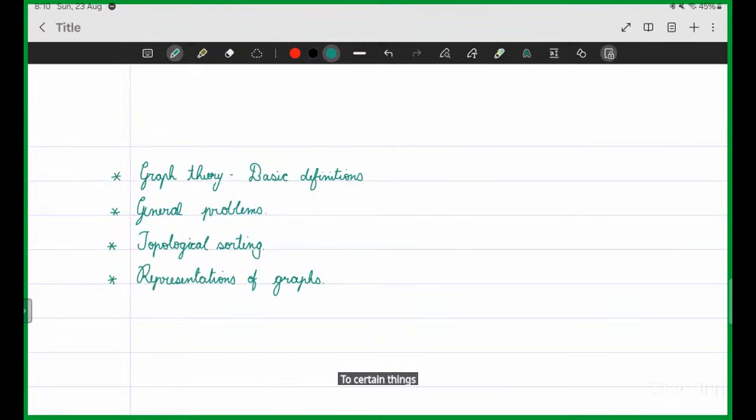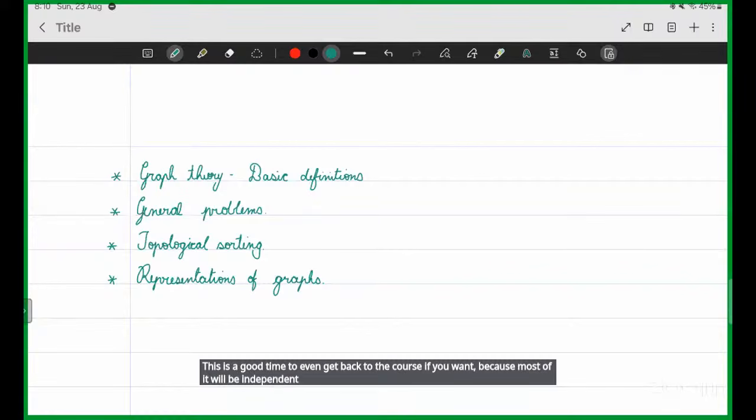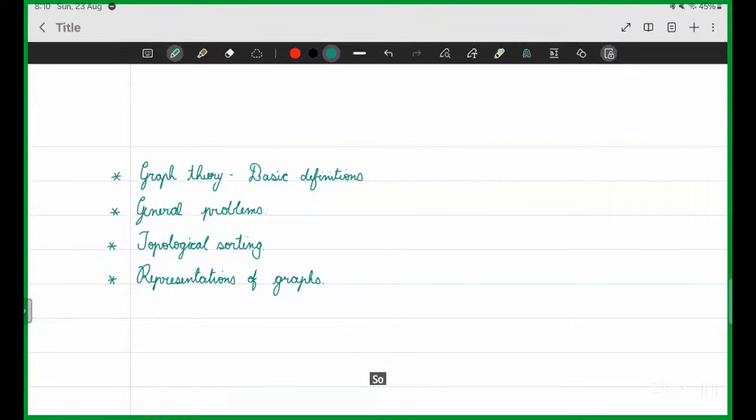This is what we will be looking at. And this is a good time to even get back to the course if you want, because most of it will be independent of what we have done so far. So you can start afresh, and if you can at least get these 2 weeks content covered, that does not require any backlog, right?